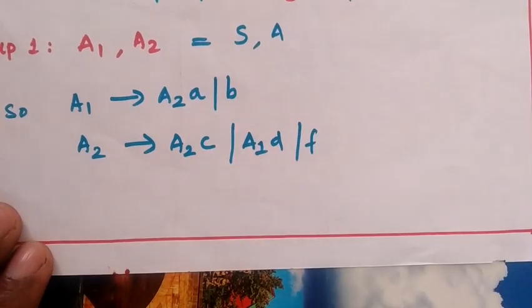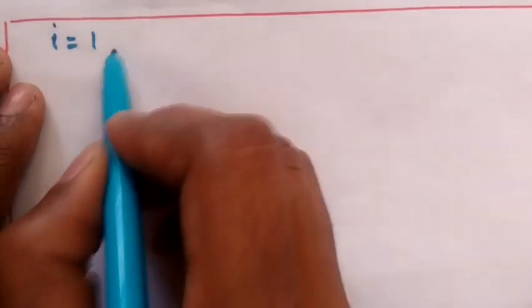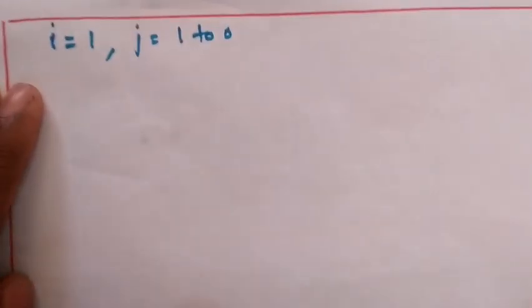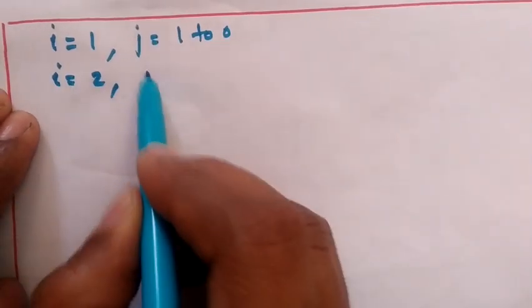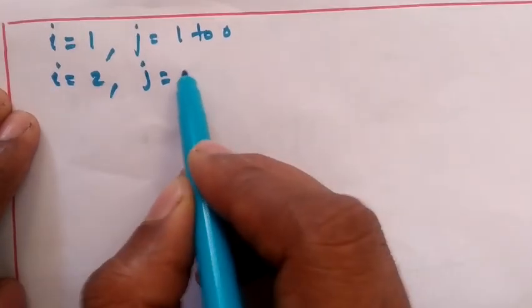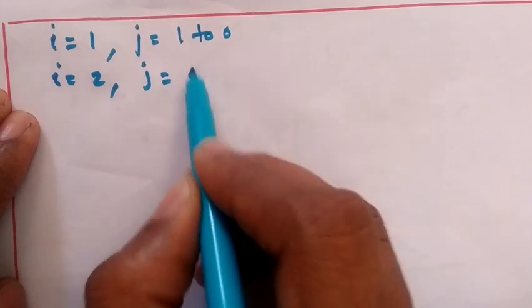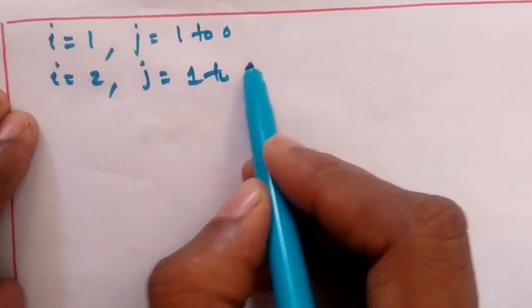There are two for loops, where I value is ranging from 1, then j value is 1 to I minus 1. So 1 to I minus 1 is 0, so there is no j value. Then I will increment I equal to 2, then j is 1 to I minus 1, which is 1.